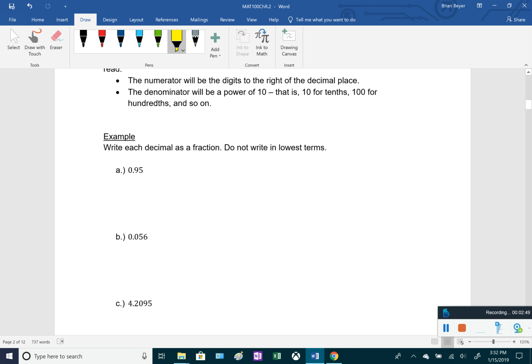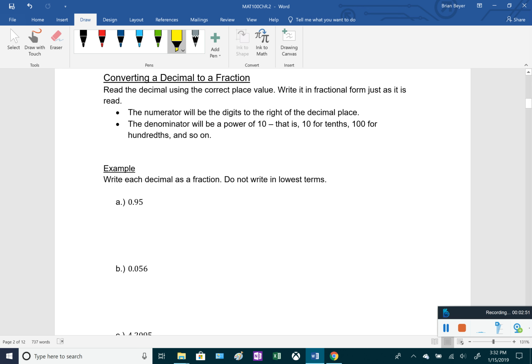So let's do some examples so we can see. Let's write each decimal as a fraction, and we're just not going to write it in lowest terms for now. So we're going to write 0.95 as a fraction. If we were reading this out, we would read this as 95 hundredths, right?